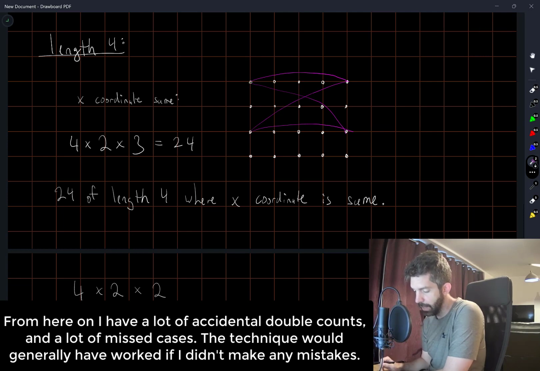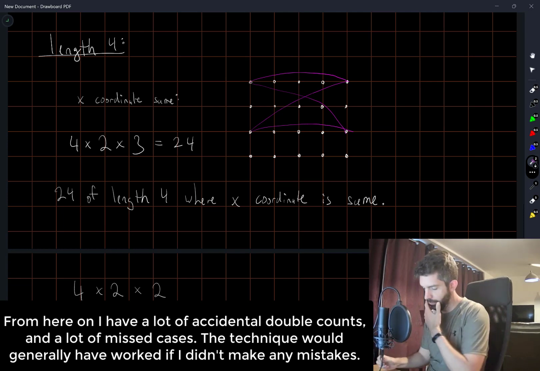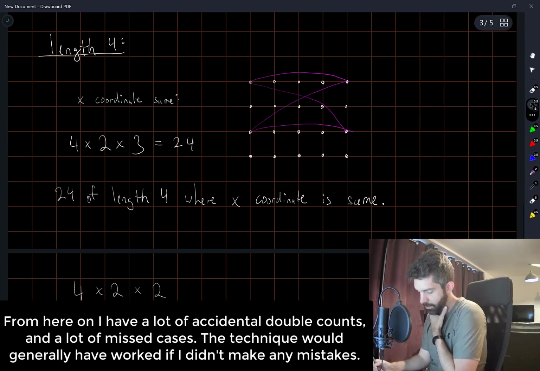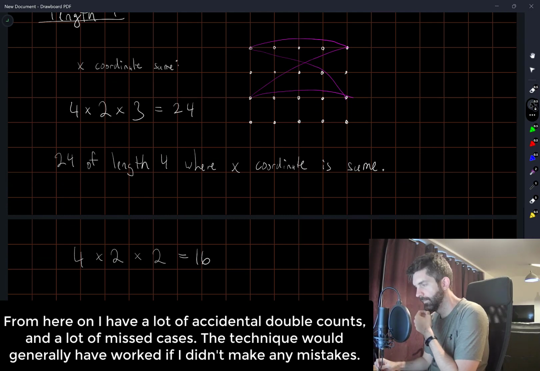Then I just repeat this diagram. I have this one and I have it also shifted down, but then I just sort of reverse those two things. What is this? This is 16, right? I think that counts them all.